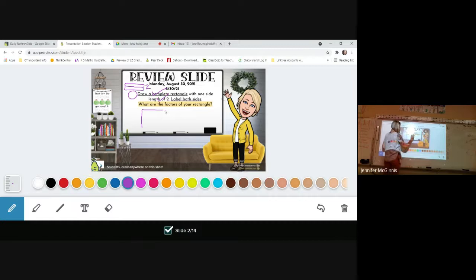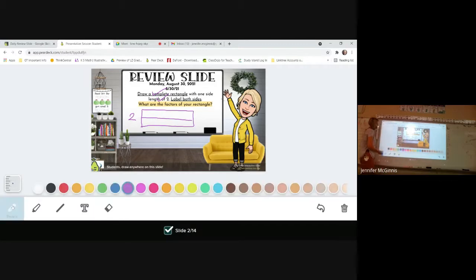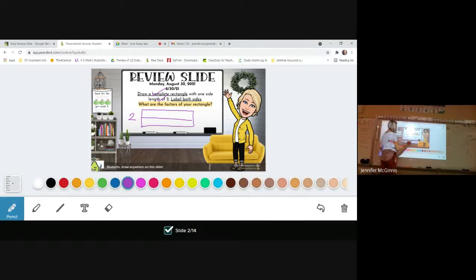So let's go ahead and get a rectangle going down here. We have a side length of 2 here. And now what we need to do is get a number into this purple circle.